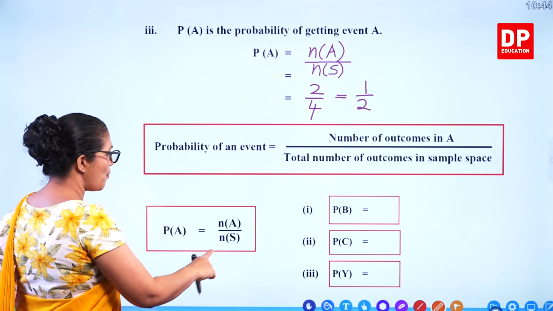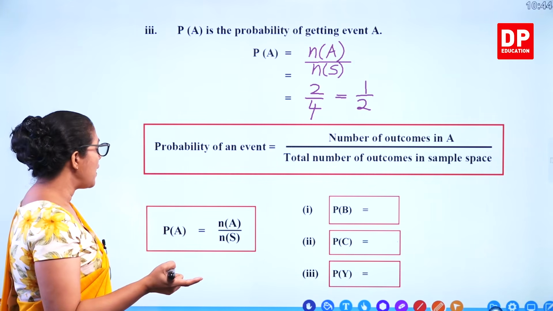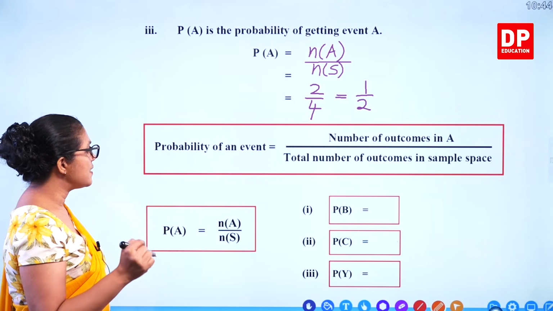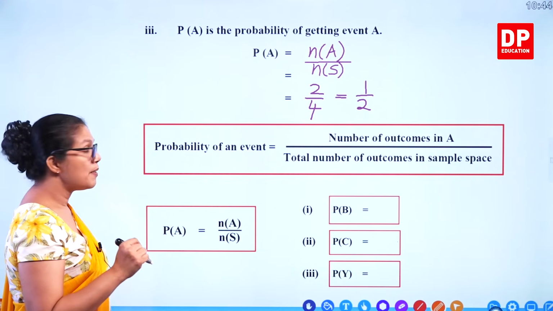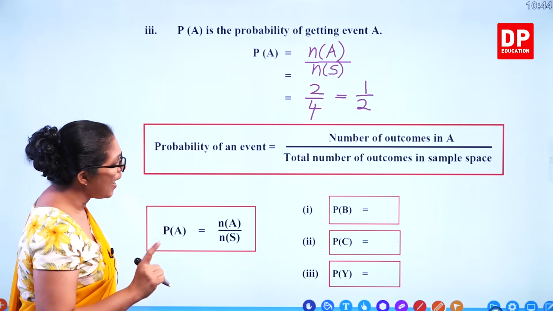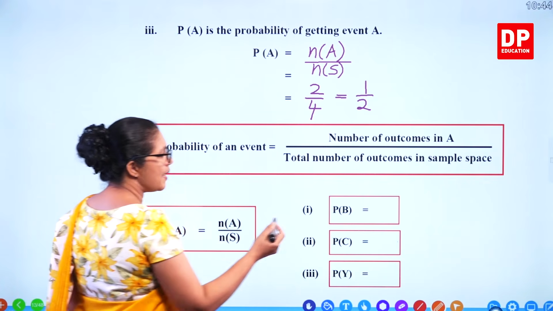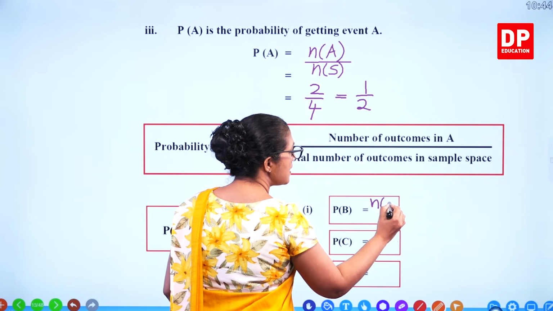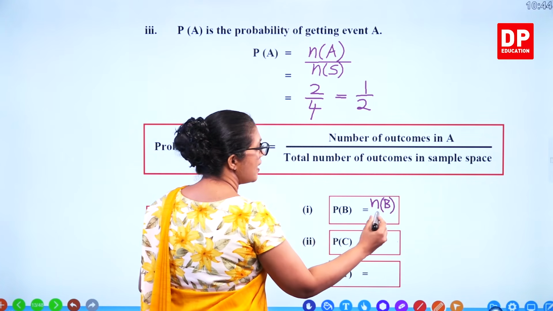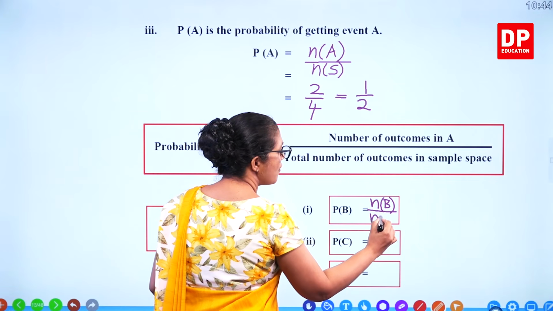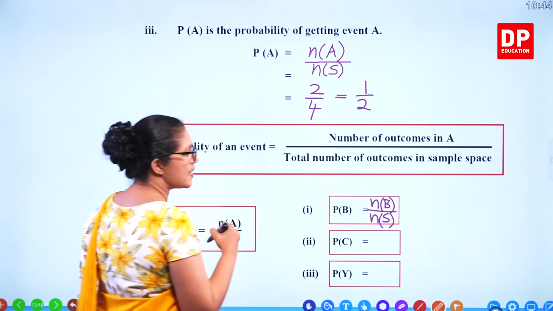So remember this formula. Probability of any event is the number of elements in A divided by the number of elements in the sample space. Likewise, the probability of getting any event B is the number of elements in the B event over the number of elements in the sample space. The probability of C is the number of elements in C over the number of elements in the sample space.